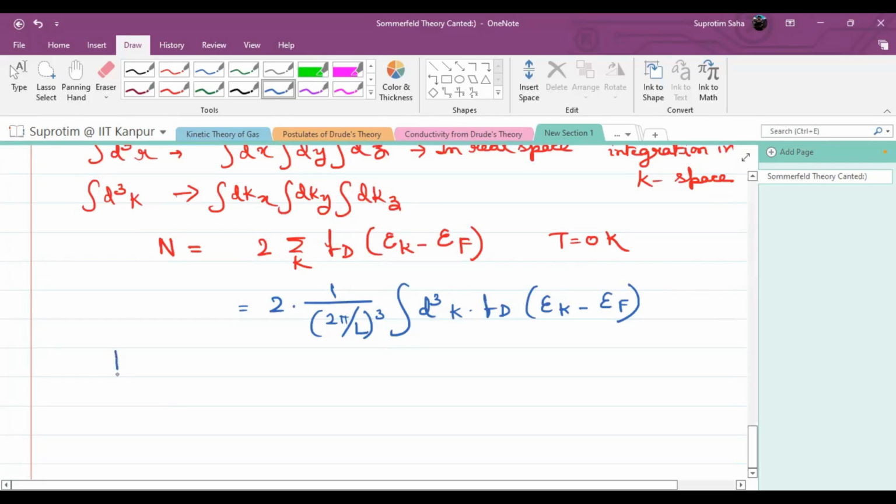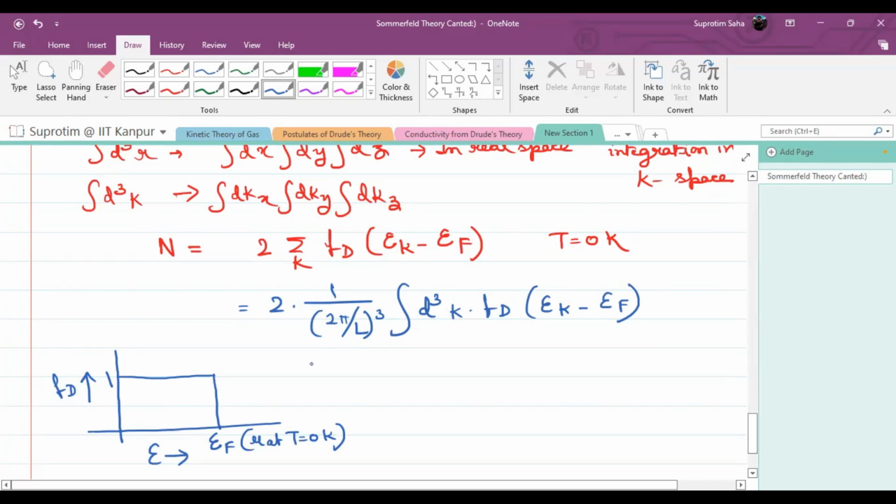If I draw it, this is it. The Fermi Dirac distribution is 1 until a certain energy value EF, which is mu at T equals 0 Kelvin. So this is 1, this is the Fermi Dirac distribution, and this is energy. After the Fermi energy, the Fermi Dirac distribution goes to 0.